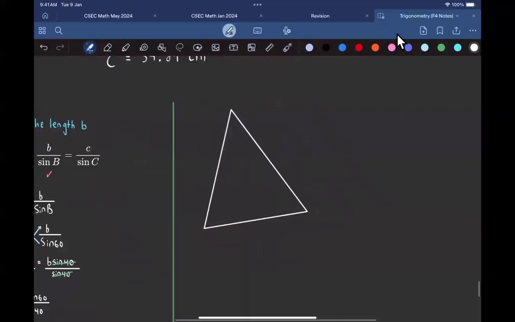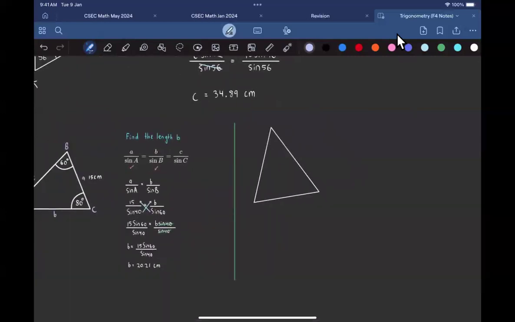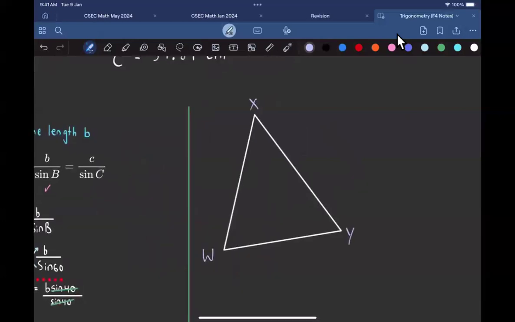Right, so we're looking at a second example here. Give me three letters, Sasha. Any three letters. W, X, and Y. Give me an angle for this, Rihanna. 45. That looks like a little more than 45, I would say. That would look like 55. 50. So put that. And give me another angle.